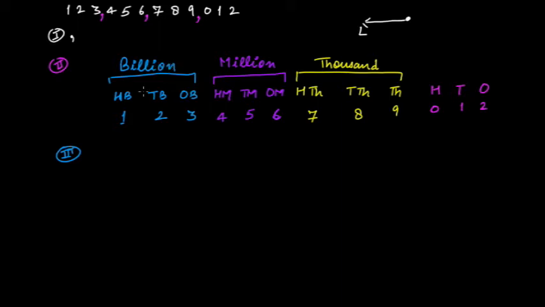Now use it here. I'm going to read the number by grouping the places. Grouping is done in billion, then million, then thousand, and then the ones place. It's very simple. 1 2 3, 123 billion.